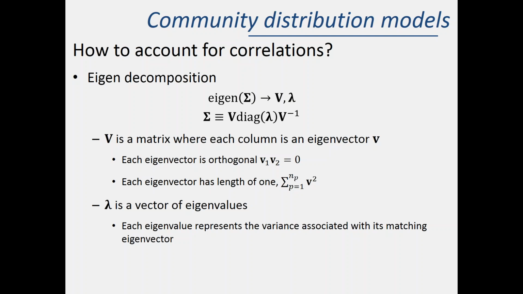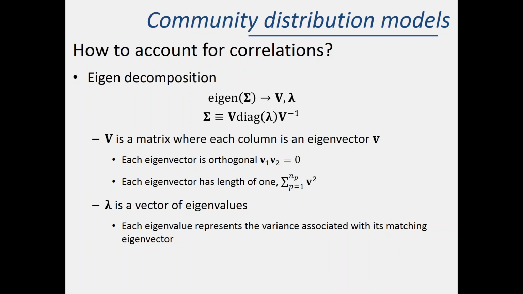So it's a way of decomposing a covariance matrix into a bunch of orthogonal components and saying, out of the total variance due to this covariance matrix, a certain portion is associated with one orthogonal component, a certain portion is associated with another axis, and so forth.